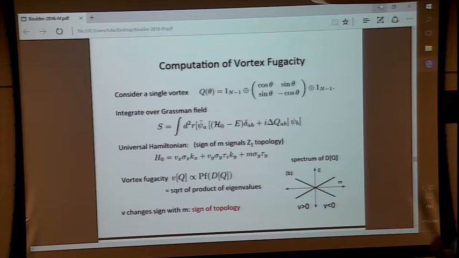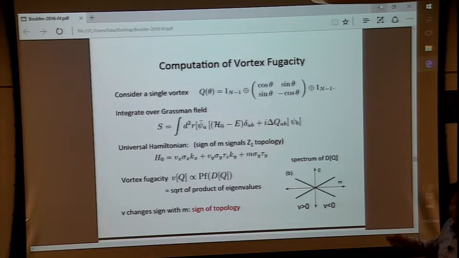So when we change the sign of the mass term, the 2-dimensional system in the clean limit goes through a transition from a trivial insulator to a topological insulator. So the sign of the Dirac mass changes the Z2 topological class. What we're doing now is just integrating out the fermions, not for a uniform order parameter, but for a vortex configuration, right?